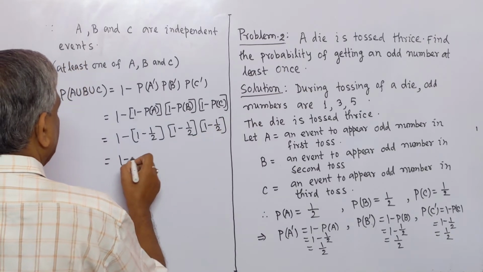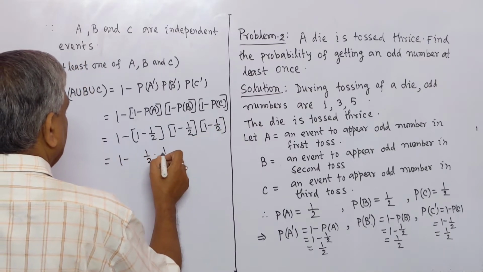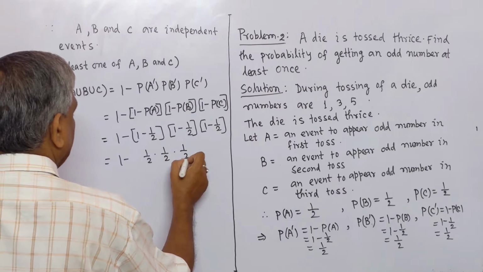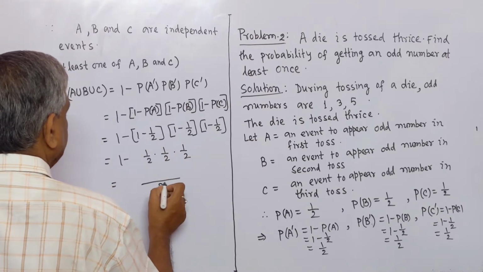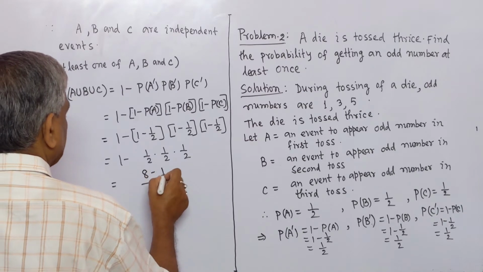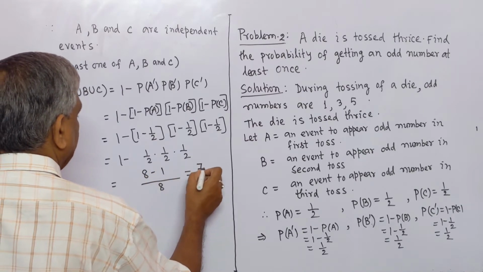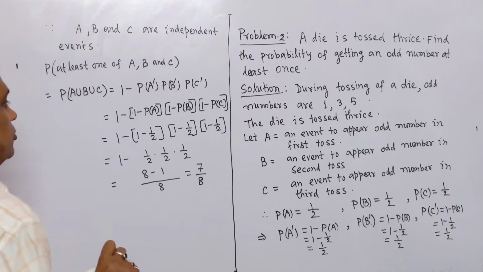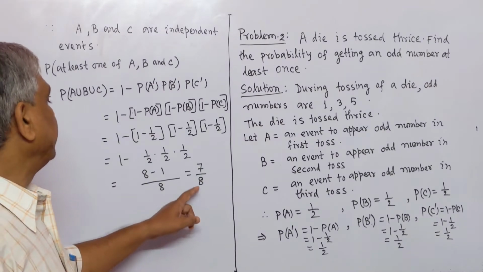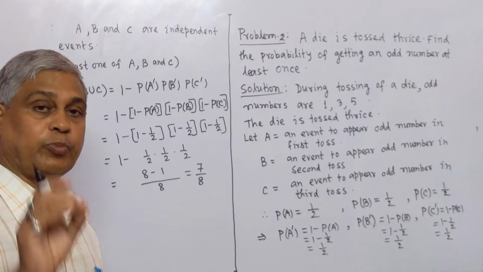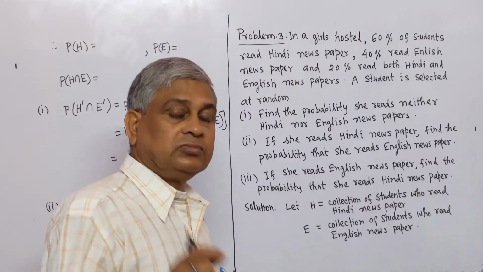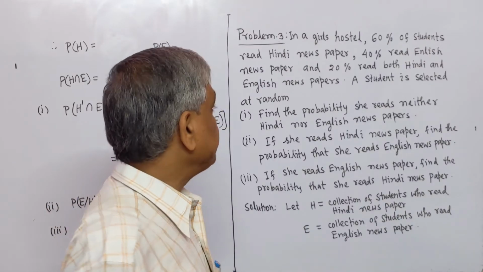This equals 1 minus half multiply half multiply half. This equals, here LCM 8, 8 minus 1, this is equal to 7 by 8. So our required probability is 7 by 8. Hence, the problem is solved. Now, we solve the next problem.